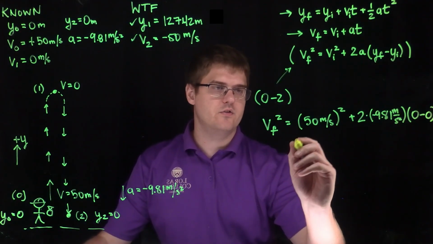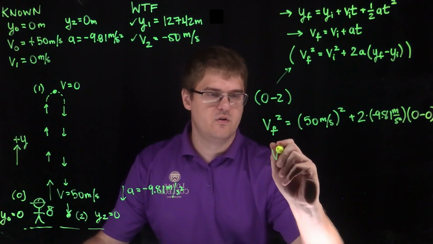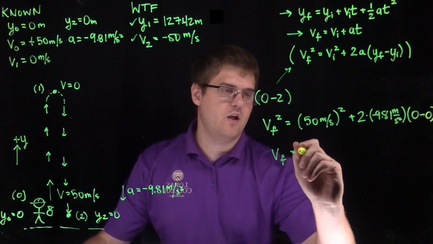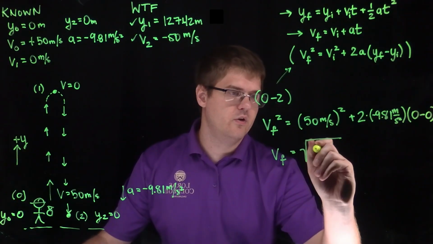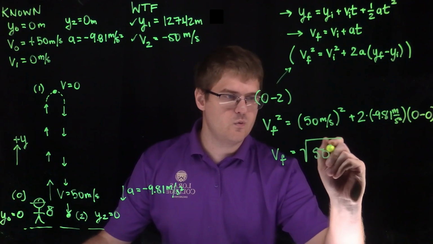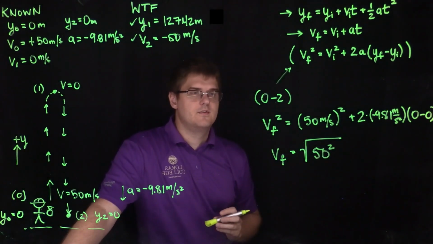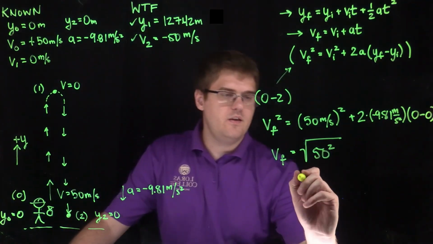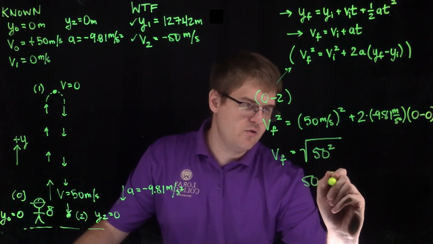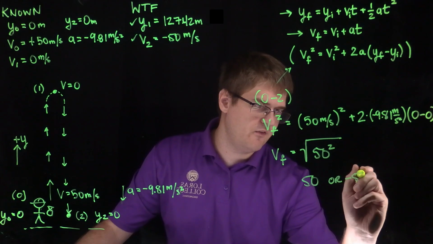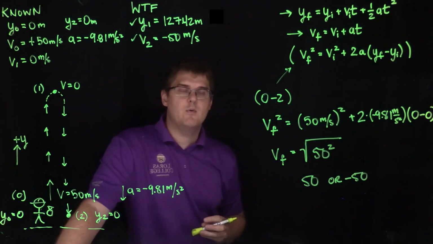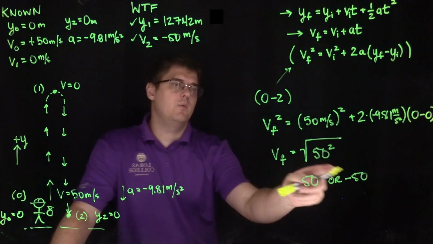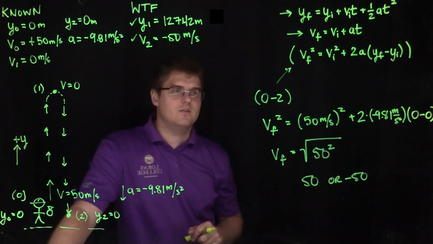So velocity final squared is equal to, or just velocity final is equal to square root of 50 squared. Square root of 50 squared is either 50 or negative 50. And we go through that same logic, and we can say that it has to be negative because it is going down.